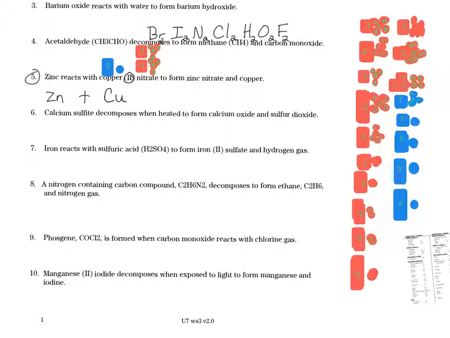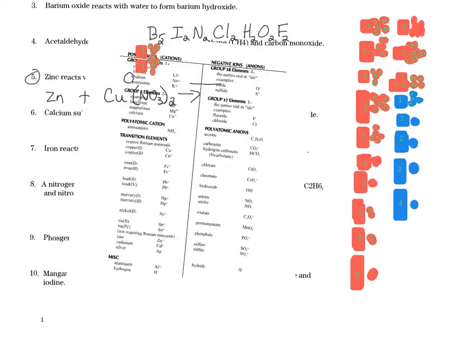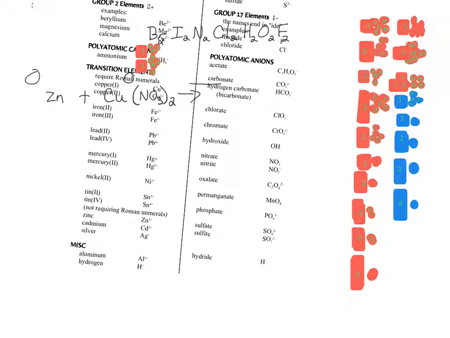So my formula becomes Cu. Again, I'm going to use parentheses because it's a polyatomic ion, NO3, and I needed 2 of them to balance the charges off, so I say that I've got 2. And that forms, there's my arrow, so it yields zinc nitrate. There's my next compound. So zinc, I have to look that up on my polyatomic ion sheet. There's zinc right here, and it tells me it has a +2 charge.